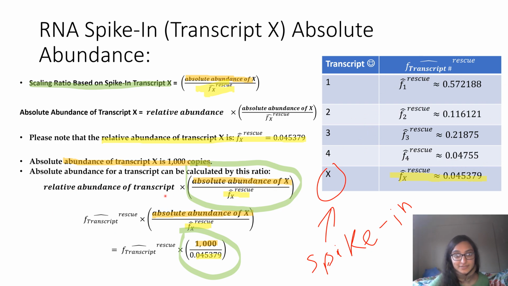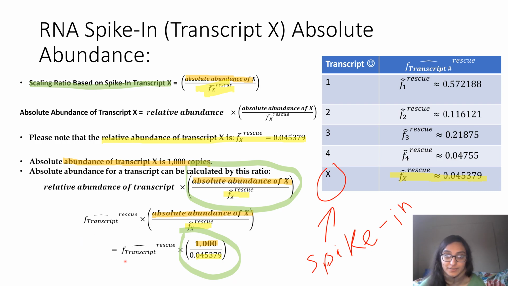These are the relative abundances, so we multiply relative abundance by the scaling ratio, based on our spike-in transcript X. The absolute abundance is 1,000 copies, divided by the relative abundance that we observed here.